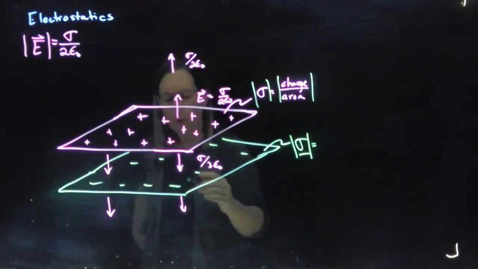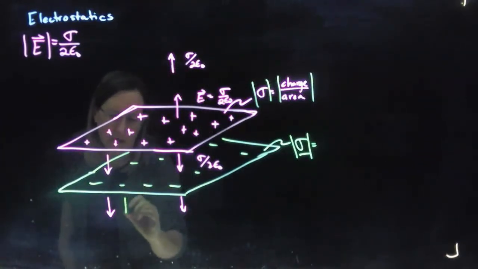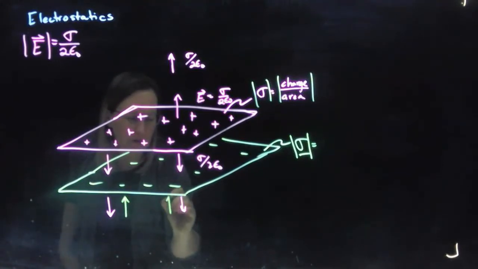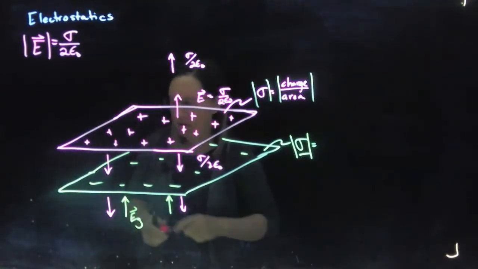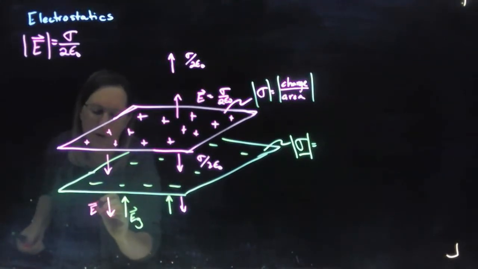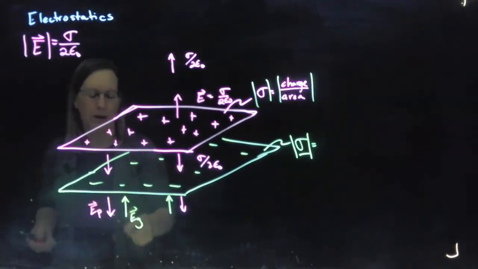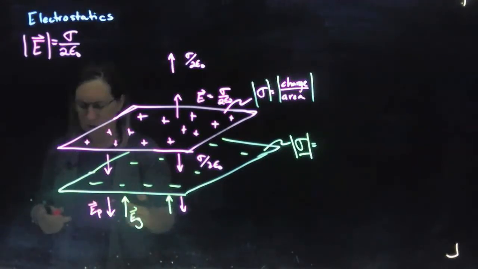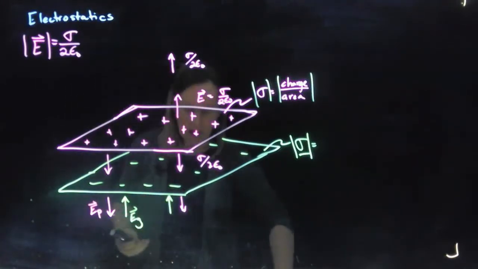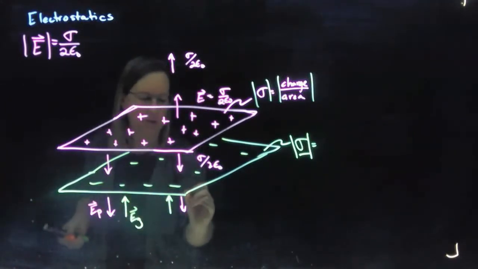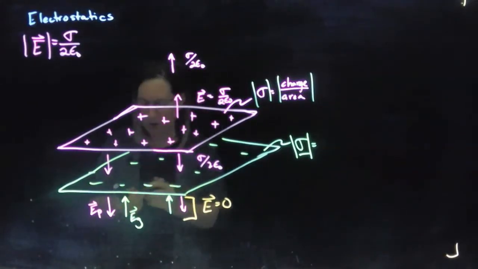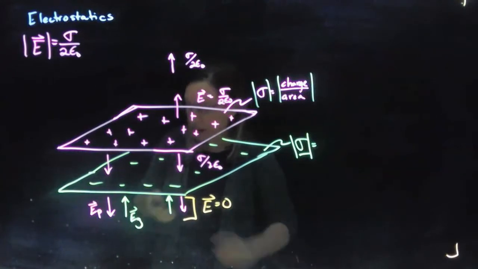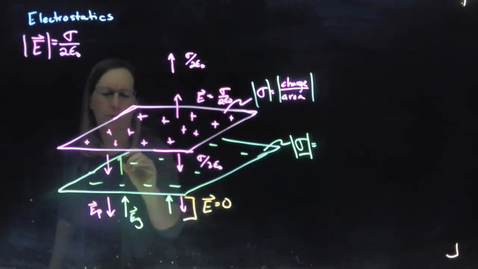So for this, notice that down here, the electric field is going to go this way. The electric field for the green plate is going to be up, and the electric field for the pink plate is going to be down, or the positive plate and the negative plate, and they're going to cancel each other out. So underneath this plate, the electric field is equal to 0. Above this green plate, the electric field points this way.